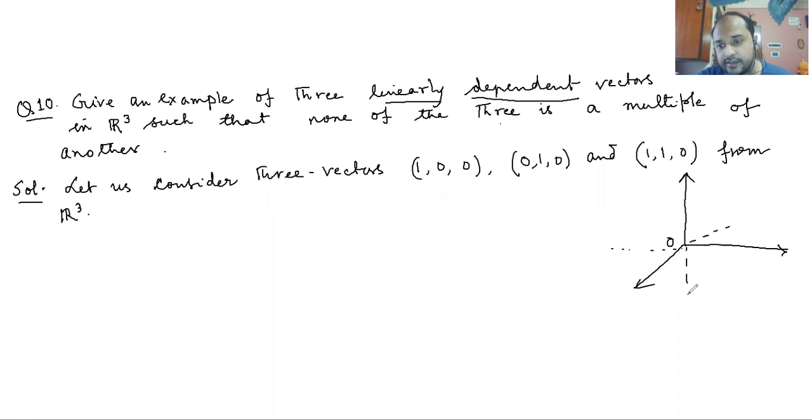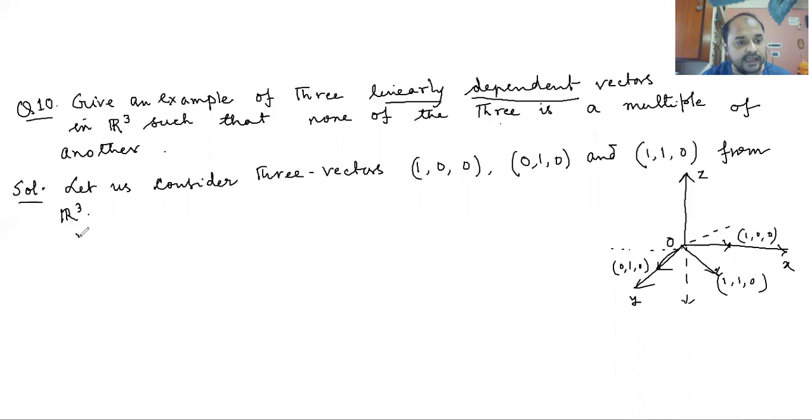The point (1, 0, 0) lies over here, (0, 1, 0) lies over here if we consider this to be y, this to be x and that to be z, and (1, 1, 0) lies somewhere here. So we have considered three vectors in three-dimensional space.